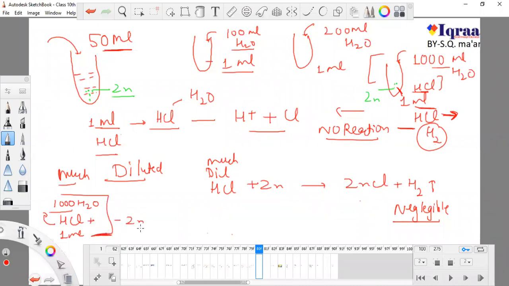And if you use it with zinc, there will be no reaction, because the concentration of H plus ions keeps decreasing.